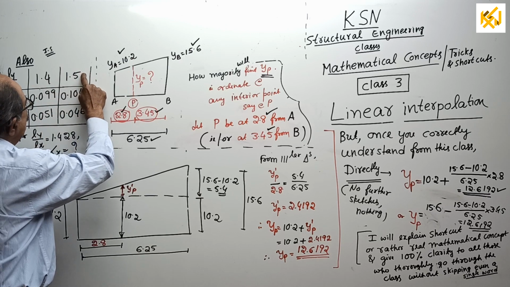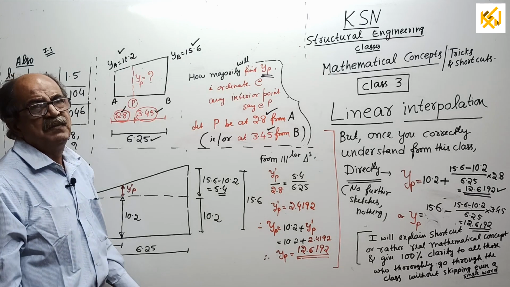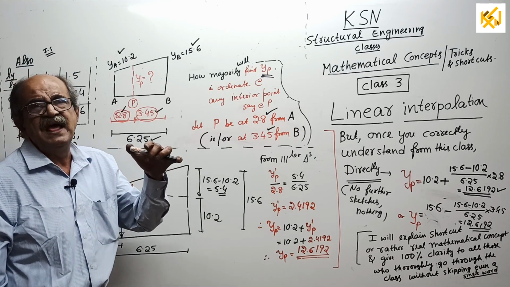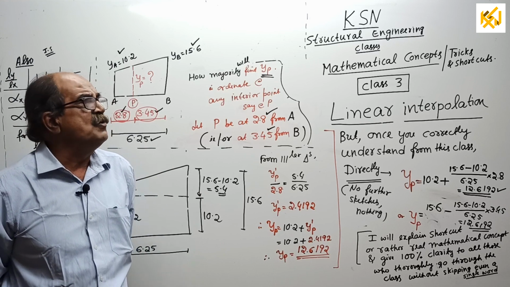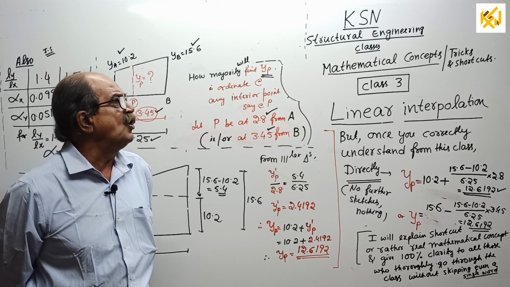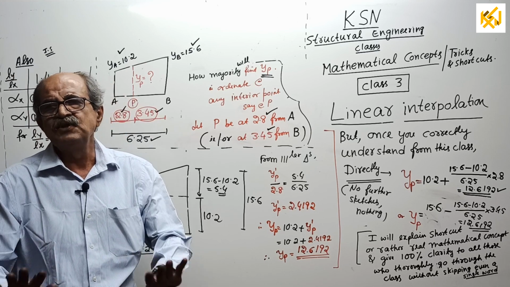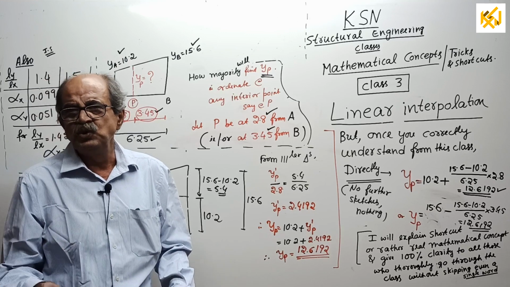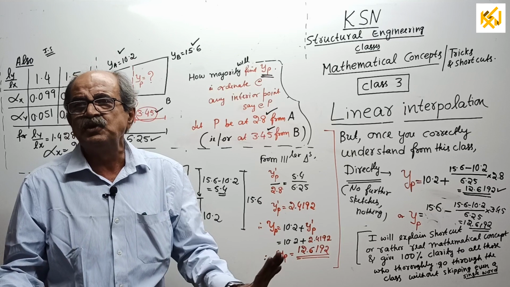For 1.5, alpha x is 0.104. This is from table number 27, I think, of IS code for two-way slabs, bending moment coefficient for shorter and longer span when slab is simply supported on all the four sides with corners free to lift. Does not matter for others. Even those who are interested in structure engineering also, today does not matter.